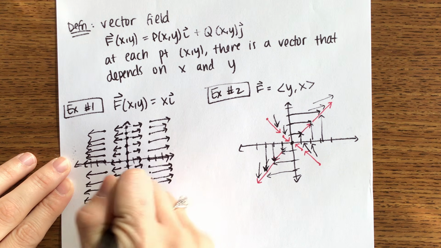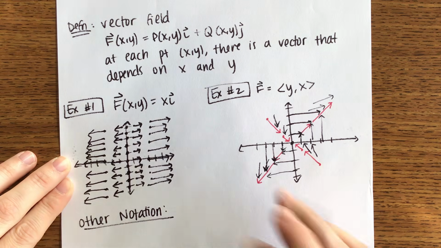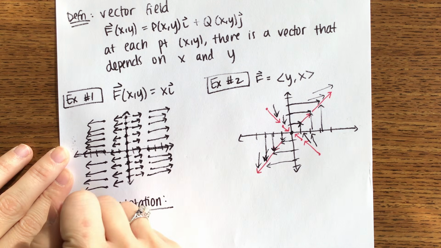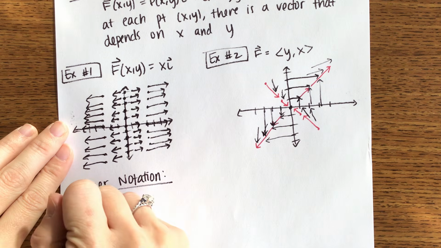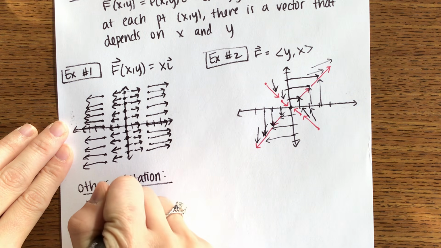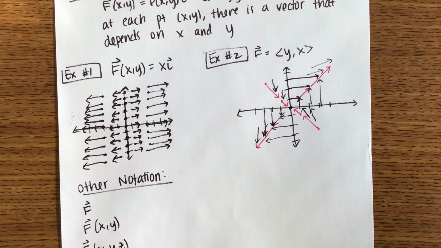You do need to know the other notations or other ways that you might see a vector field written. You might see that. You might see F of x, y. You might see F of x, y, z.